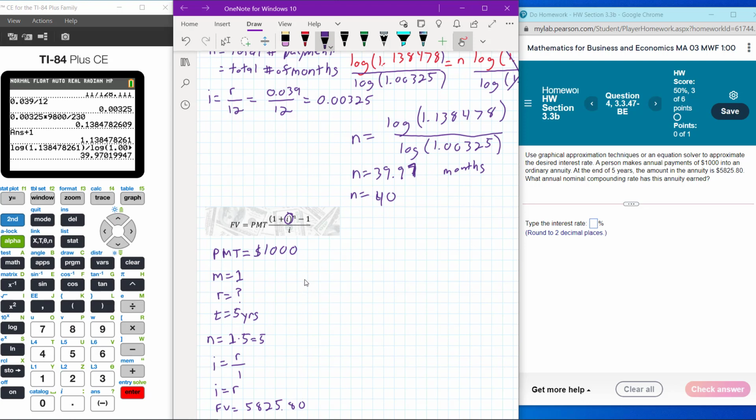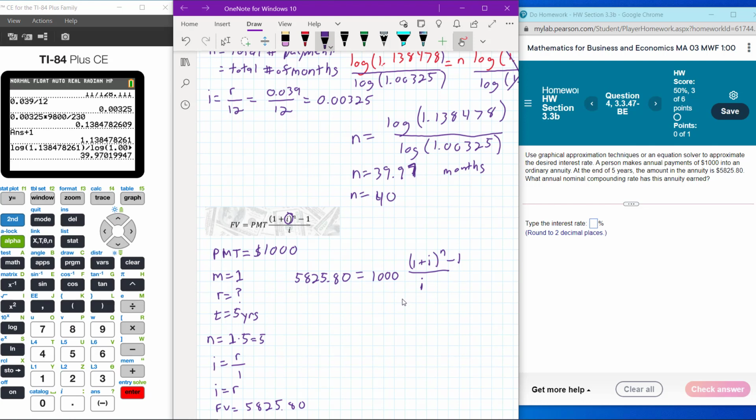Our future value, 5825.80, is going to be equal to 1,000 times (1 plus I) raised to the nth, minus 1, divided by I. So that is our equation.